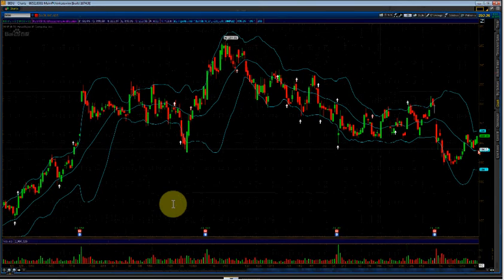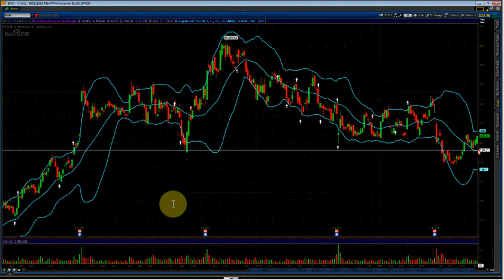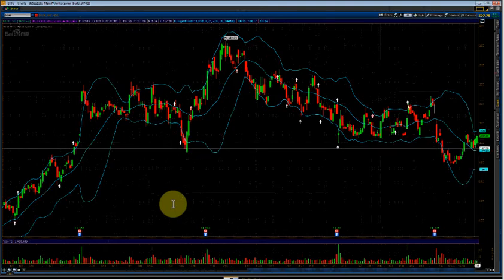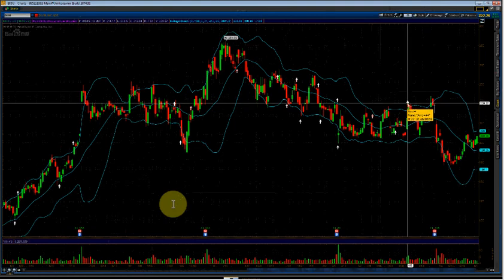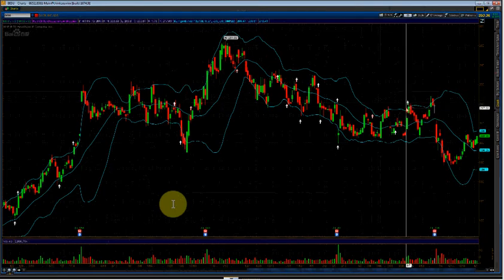And actually, even today, it's still moving sideways. Now, mind you, if I was using this system, I would have sold my last trade on April 8th. It's now June 2nd. So does that mean I'm constantly trading this system?